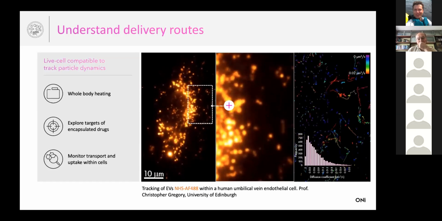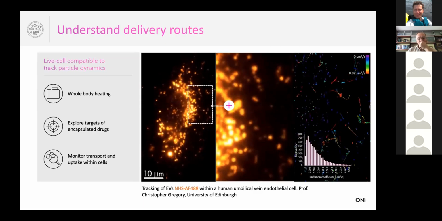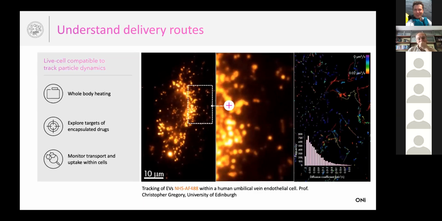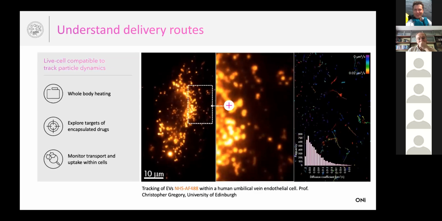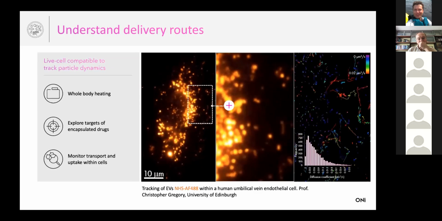So following imaging, the tracks were converted, and we can see them here on the very right, into this population network map, which have been colored by their diffusion coefficient, which basically means how quickly they are moving. And we can then analyze this, and we can create really nice histograms to show this in a quantitative manner.